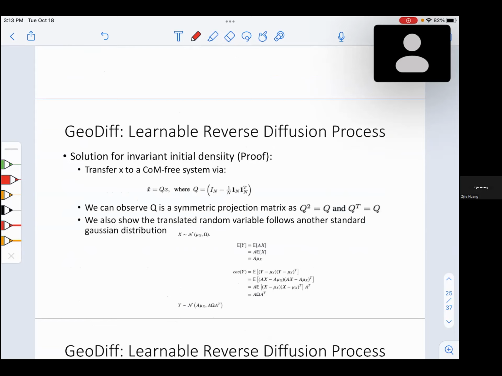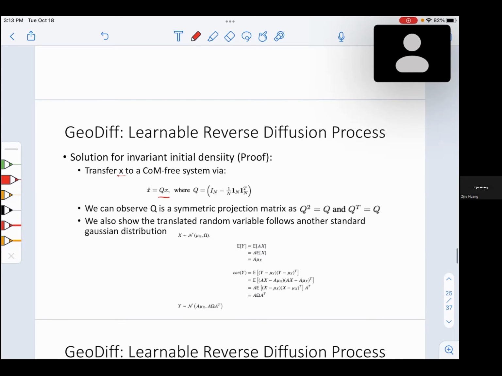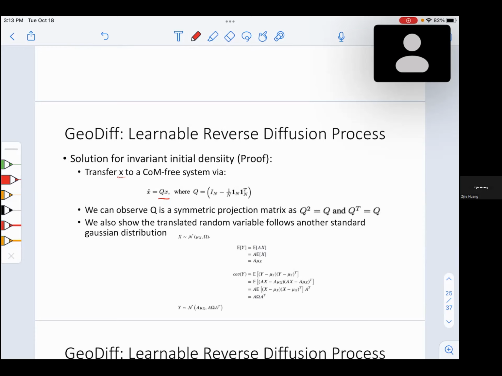We choose this COM system to guarantee such equivariance because for each system X that is not COM-free, we can always transform it to a COM-free system by multiplying it with a Q defined here. We can observe that Q is a symmetric projection matrix, as we can easily compute that Q multiplied by Q is Q itself, and its transpose is also itself.